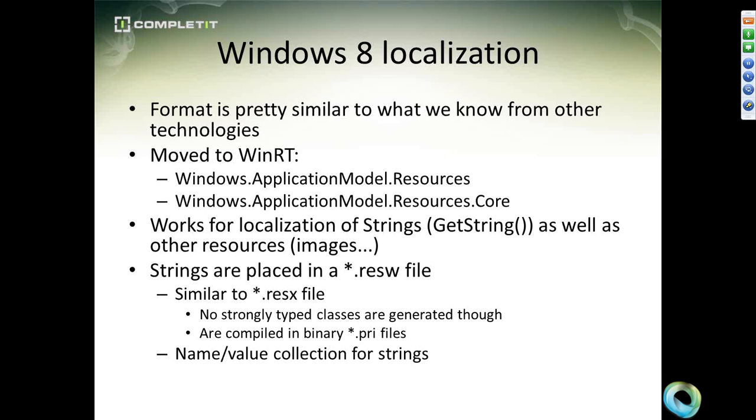There are 2 important namespaces that we have to work with: Windows.ApplicationModel.Resources and Windows.ApplicationModel.Resources.Core. Those are the 2 namespaces and classes of those namespaces that we are going to be working with.